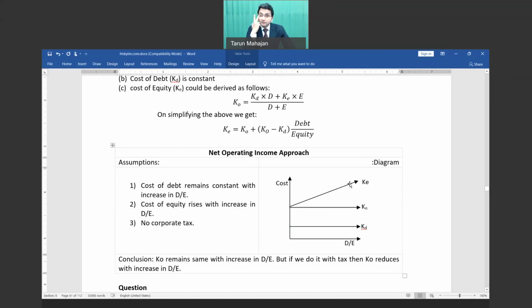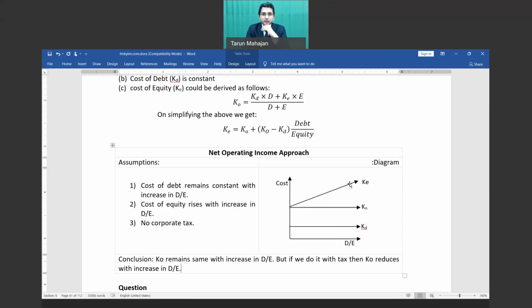It increases with an increase in the debt equity ratio. So when I borrow more money, my financial risk increases. When financial risk increases, equity shareholders will see that their investment has gone riskier. They have to take more risk, and that is why they will expect more return.